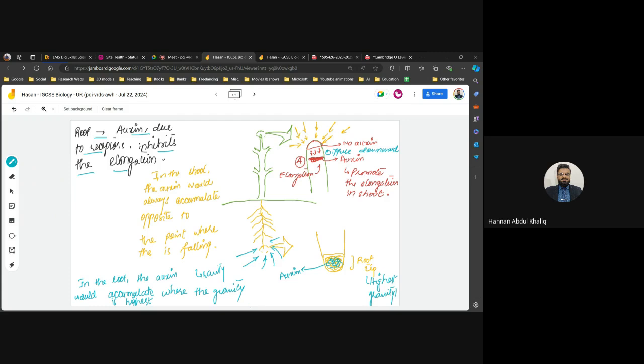What I told you about auxin action in the root. Would it promote the elongation, or would it inhibit the elongation?